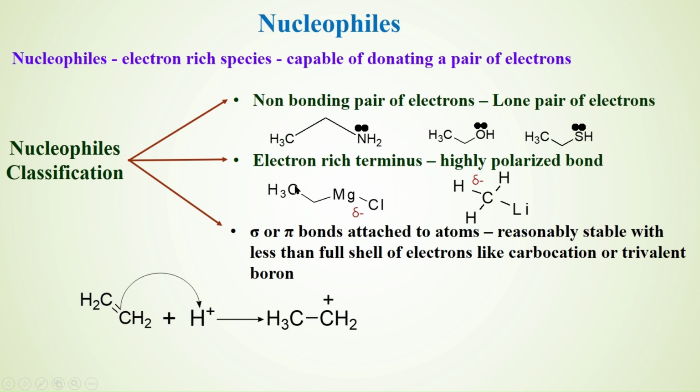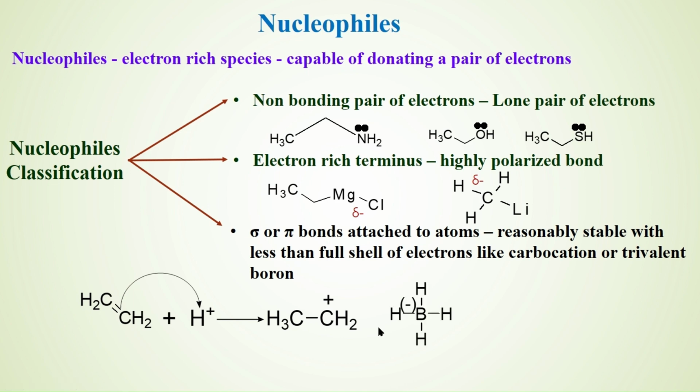The polarized molecules with polarized bonds with an electron-rich terminus are another set of nucleophiles, or the molecules with multiple bonds are another set of nucleophiles. There are three types of nucleophiles which we find.